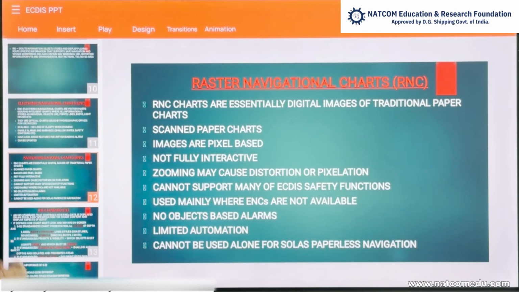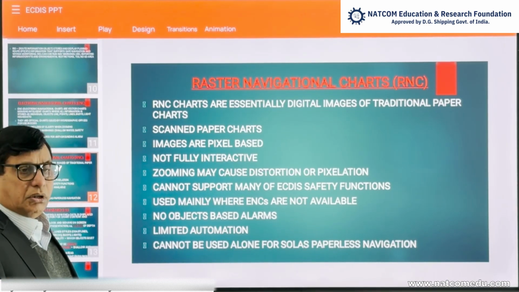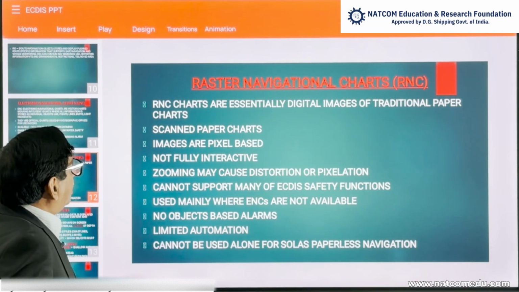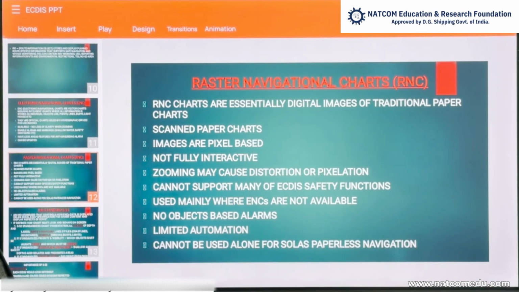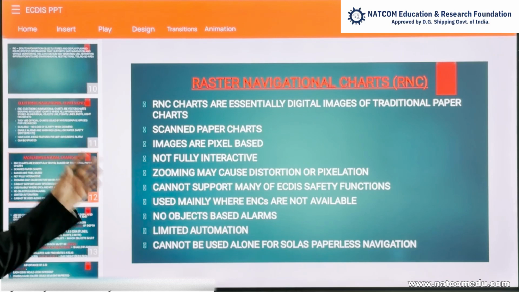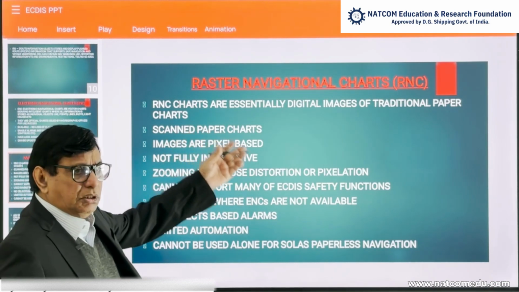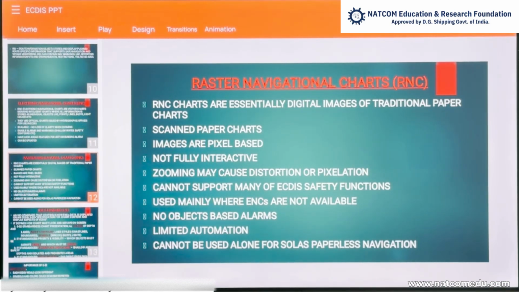Next is raster navigation charts. Before the ENCs came into the picture, RNCs were basically used on ECDIS, which earlier was called raster chart display system. Since electronic charts were not available, all paper charts were converted into raster charts, which were nothing but digital images of traditional paper charts, scanned copies.